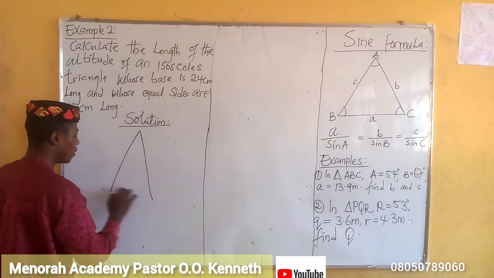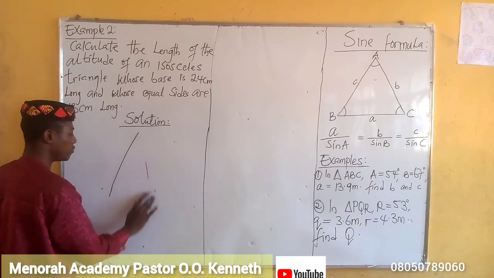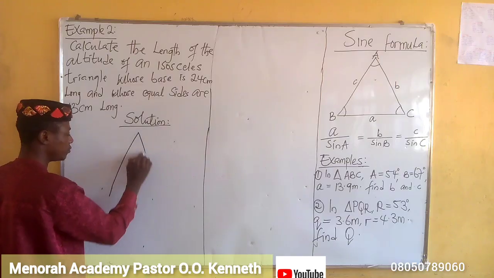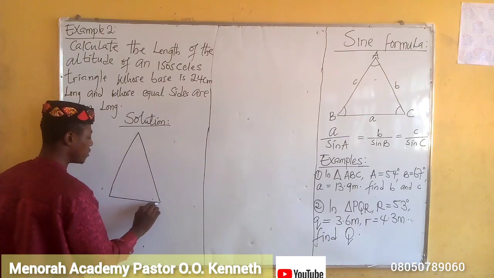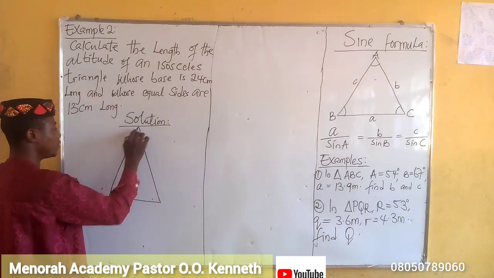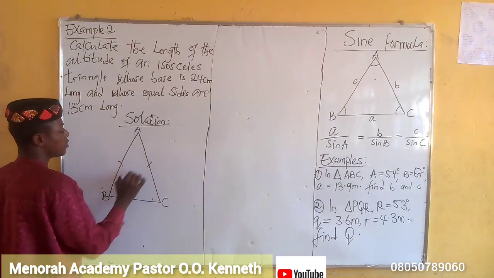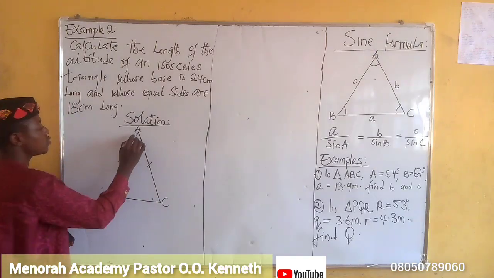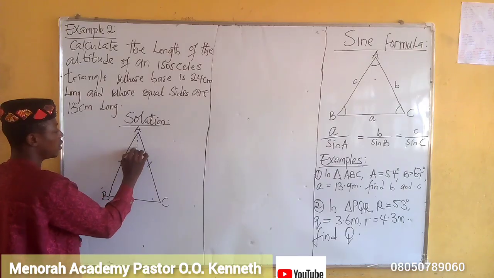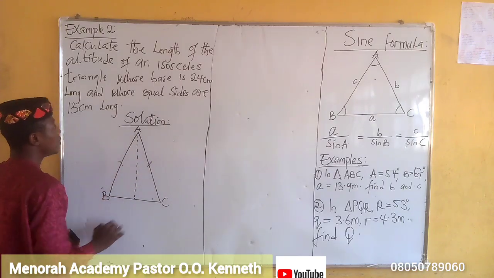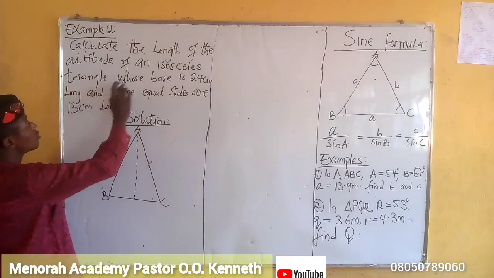Okay, so now that we have this isosceles triangle, you can see this is A, B, and C. This side and this side are equal. Now they say the altitude. Altitude means height. They say calculate the length of the altitude.